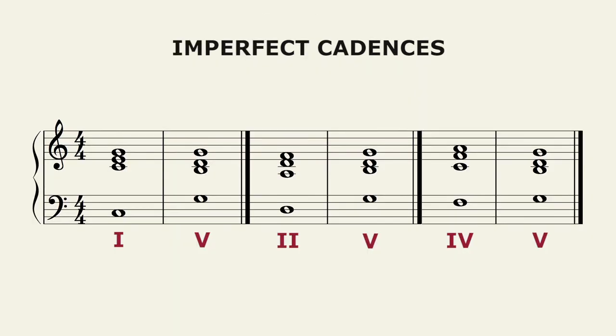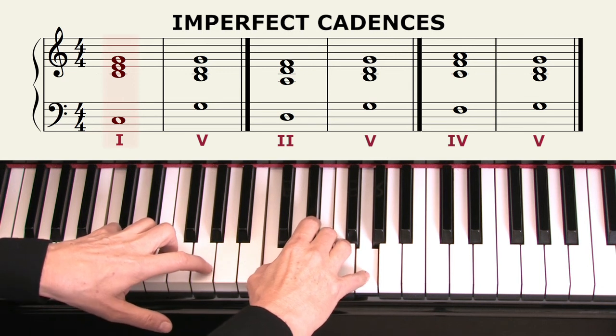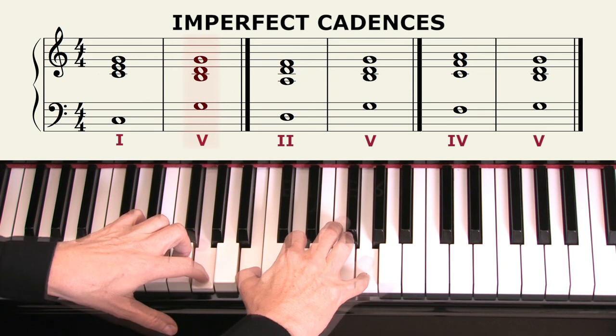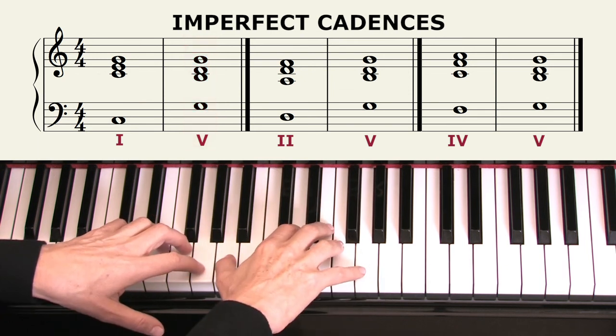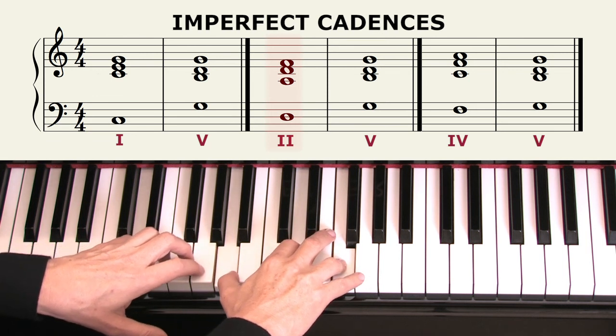The imperfect cadence is slightly different. It always ends on chord 5, but it can start at grade 5 level on chord 1, on chord 2 or on chord 4. So it can start on chord 1 and go to chord 5, or it can start on chord 2 and go to chord 5.